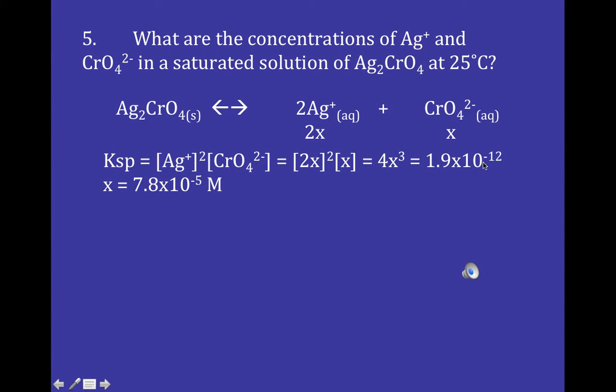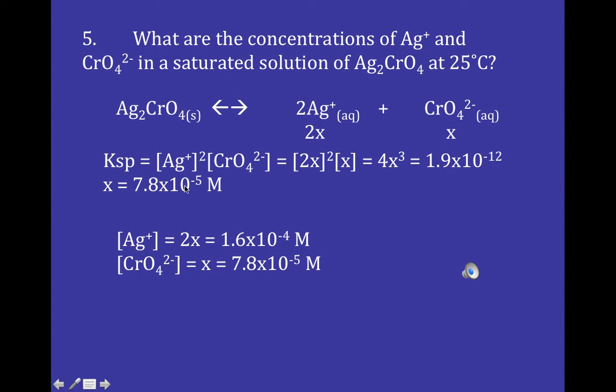We divide by 4, we take the cube root, and we end up with 7.8 times 10 to the minus 5. So that would be the solubility. We're going to see that equals the chromate, and we have to double it to get the silver ion concentration. And that's it.